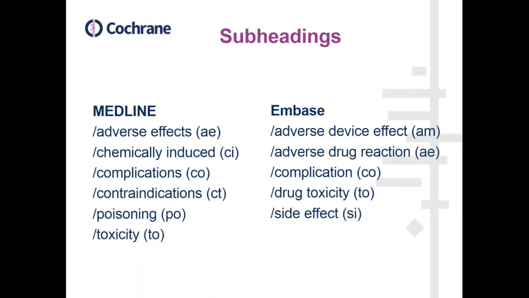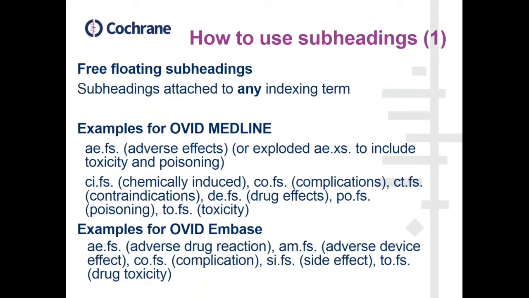Now, I've already mentioned subheadings. Subheadings are in the indexing field. And there's lots of useful subheadings in both MEDLINE and Embase, which I've listed a few here. There's two main ways to use subheadings. You can either float your subheading, whereby the subheading can be attached to any indexing term.